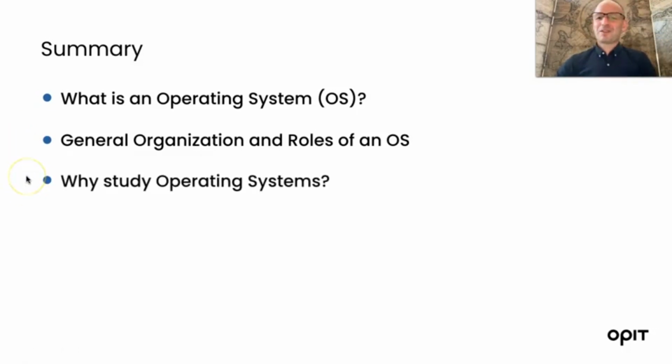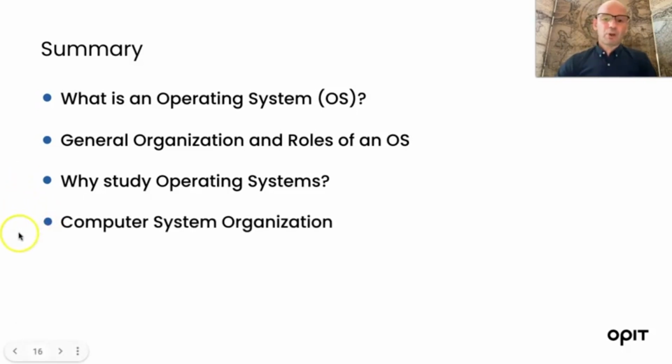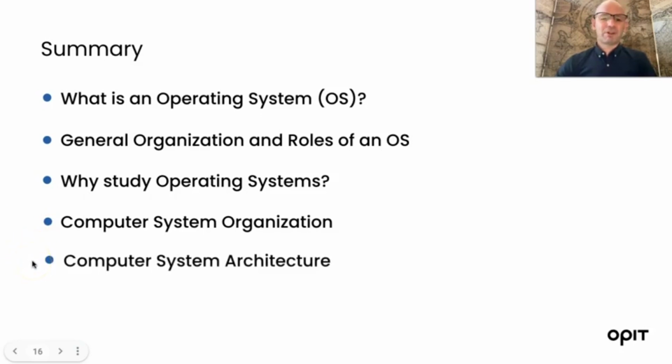Why study operating systems? Because it allows us to become better at programming, for example, applications that run on an operating system. If we understand operating systems, we know how to interface with, for example, an API that allows us to save to a storage location. We talked about computer systems organization, and a little bit about computer system architecture.